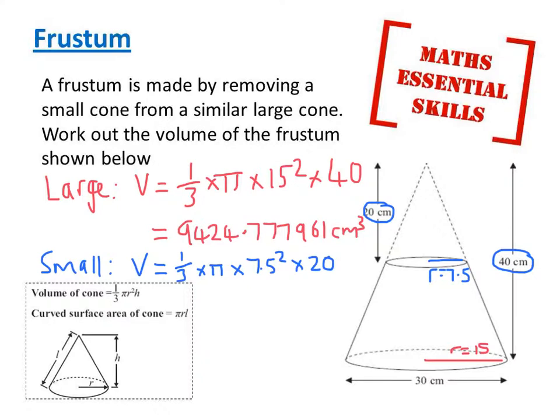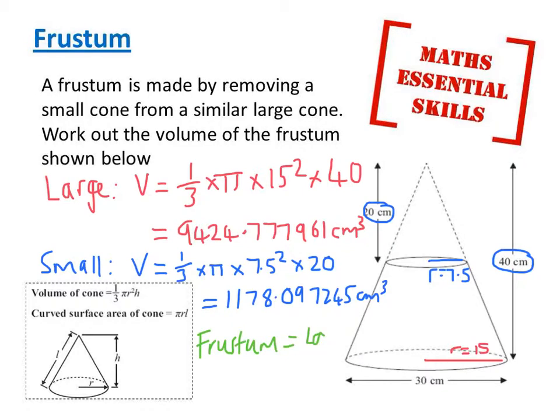On the calculator, I get an answer in terms of pi, but I'm going to choose to use it in terms of numbers, so I get an answer of 1178.097245 centimeters cubed. Okay, so that's the small cone, and I know the large cone, so all I need to work out now for the frustum is the large, take the small.